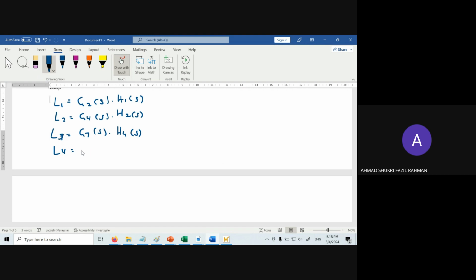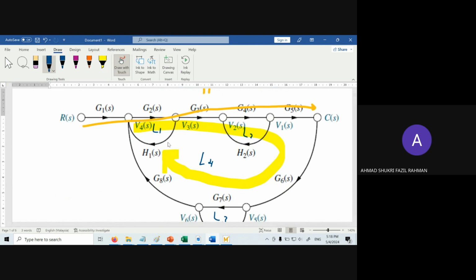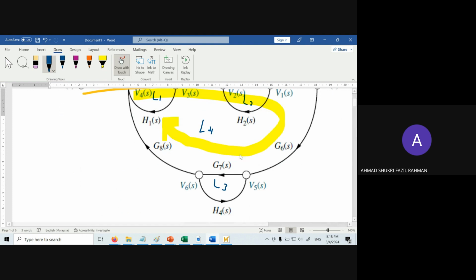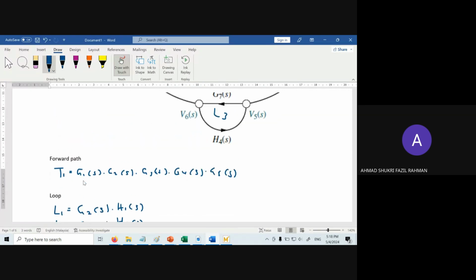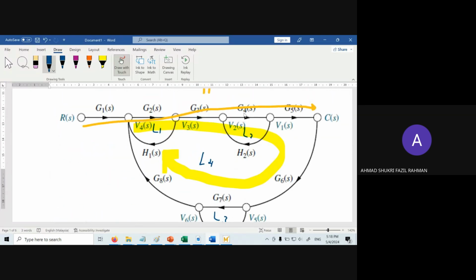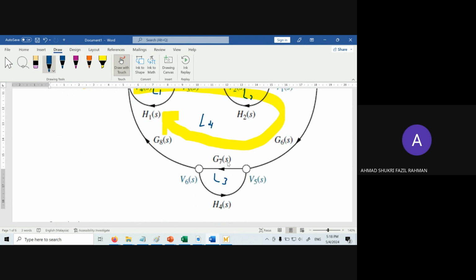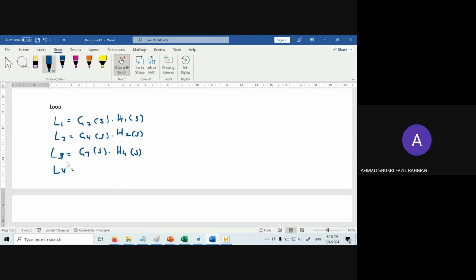For L4, you can see the number of subsystems here is more than one. We have plenty of systems here, so you need to write them all down. Make sure you do not leave any system missing: G2, G3, G4, G5, G6, G7, G8. So again, G2, G3, G4, G5, G6.